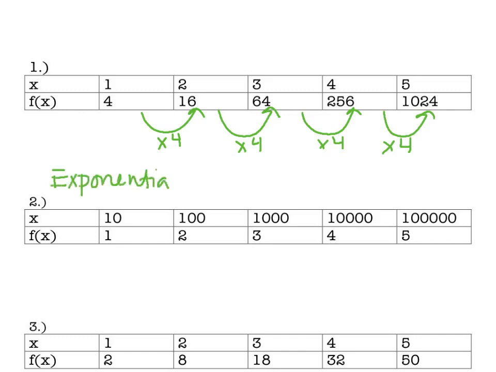And now, if I want to write what that function is, this one is going to be f of x is equal to 4 to the x power. So 4 to the first power is 4, 4 to the second power is 16, 4 to the third power is 64, and so on.